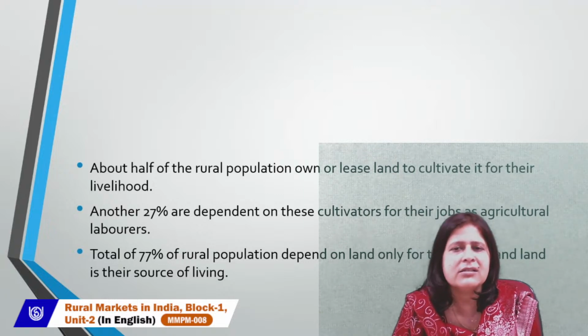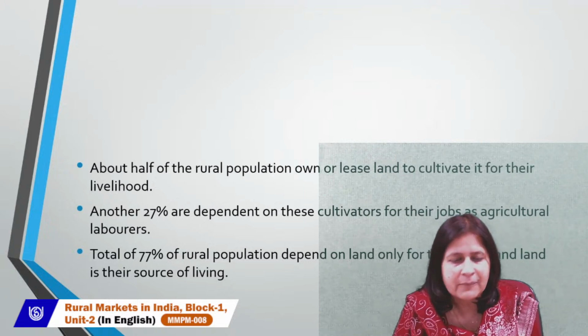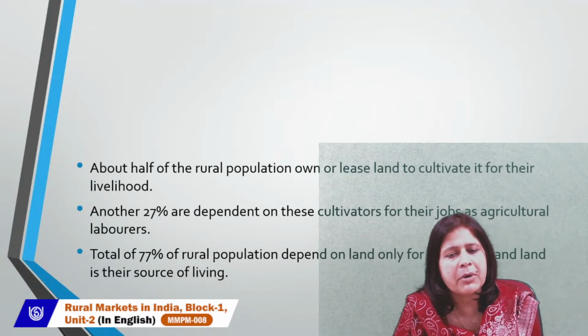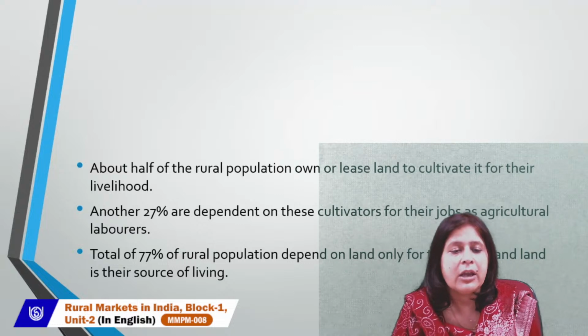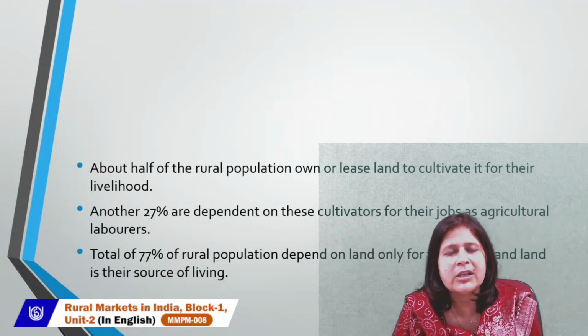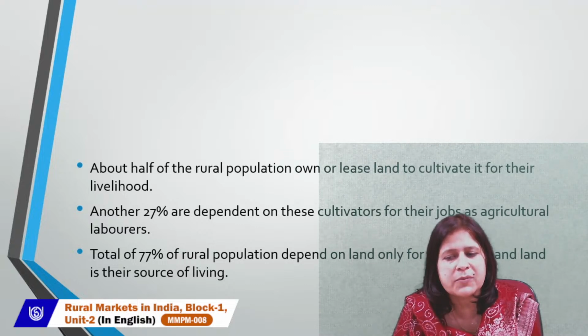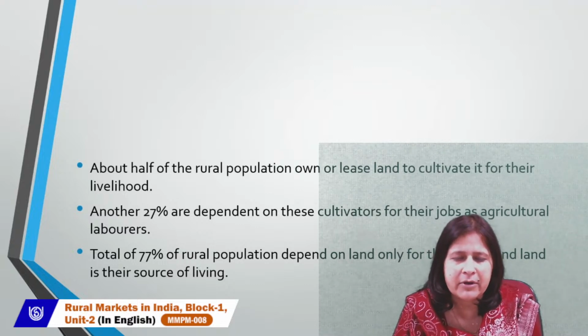Those areas are considered as rural areas. So about half of the rural population owns or leases the land to cultivate it for their livelihood. Another 27% are dependent on these cultivators for jobs as agricultural laborers, right?